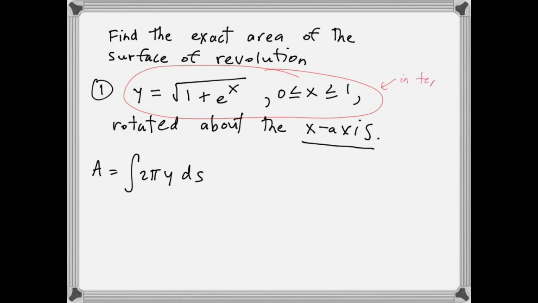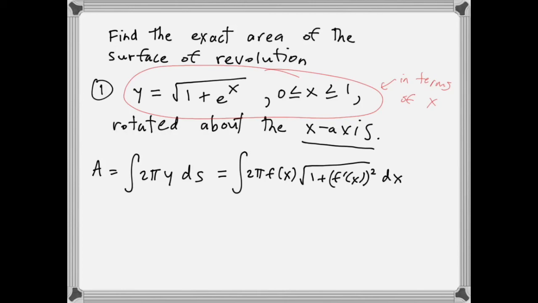And so this means that my formula is going to become 2 pi f of x times the square root of 1 plus f prime of x squared dx. Okay? So this is going to be my formula. So I need to actually figure that out on the next page.